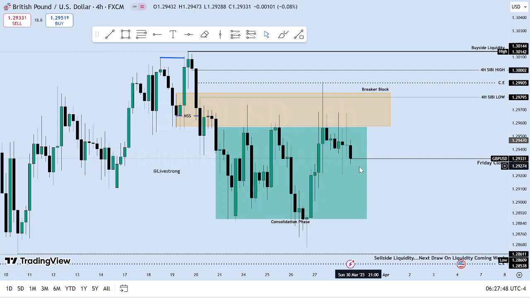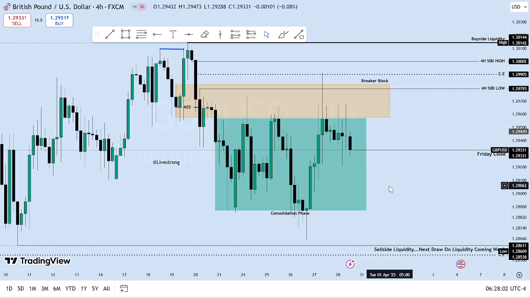For one to be swept, it must be a manipulation. There must be a manipulation or call to take either the sell side liquidity, because on opening price you don't know actually where price is pulling to. So on open price you just have to sit back and wait to see price action give you the proper narrative of what price is going to do next, because you have to have a narrative of what price is doing and where price is going.